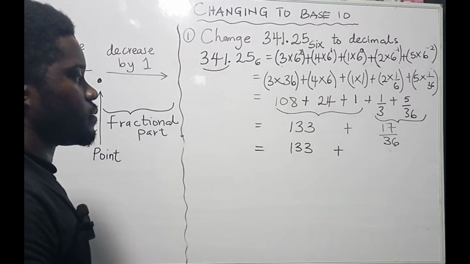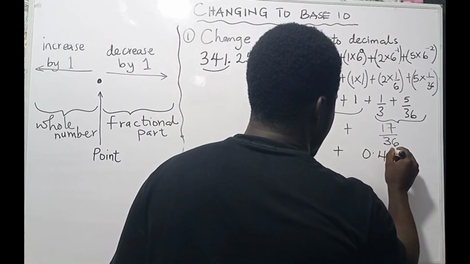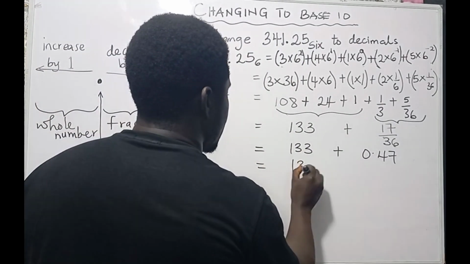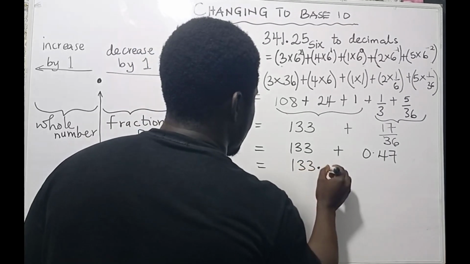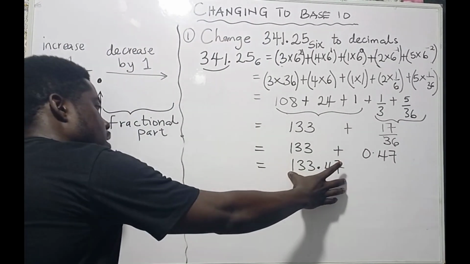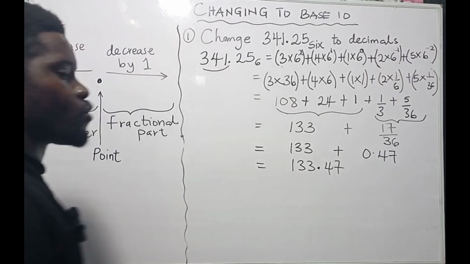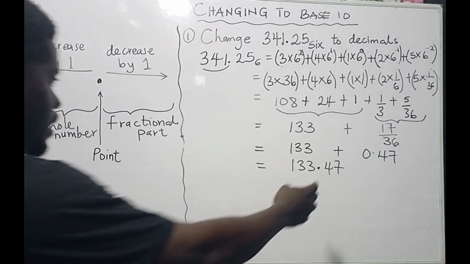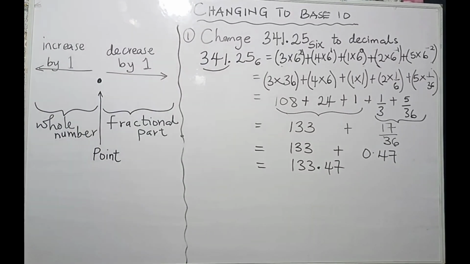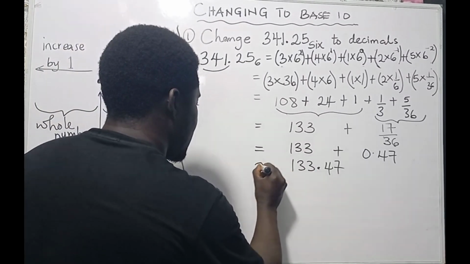17 over 36 is approximately 0.47 in 2 decimal places. Now adding the 133, we get 133.47. Now this number is not accurate, it is just an approximation because there are other parts of the decimal part that we ignore. So we do not use the equal to sign here, but we say it is approximately.